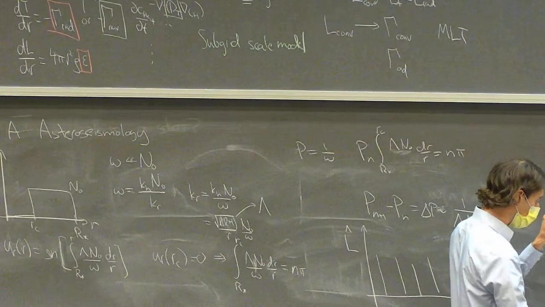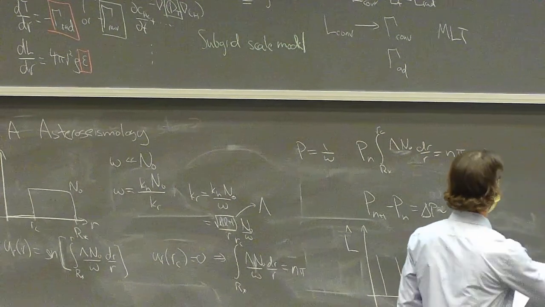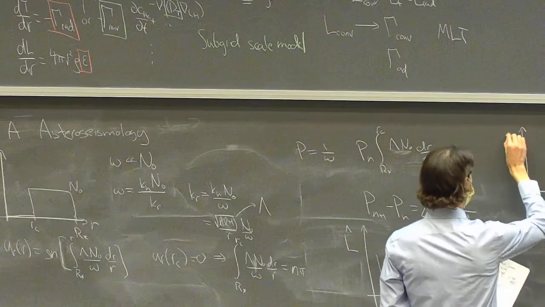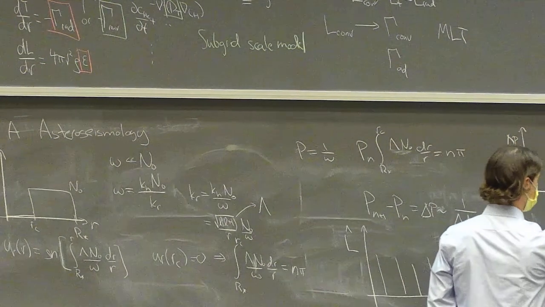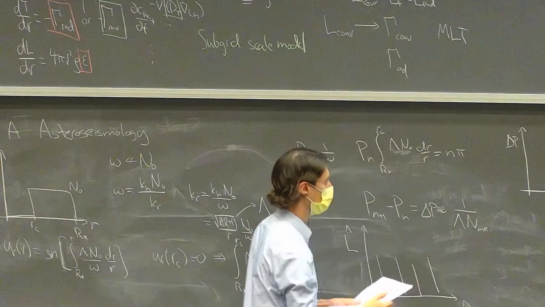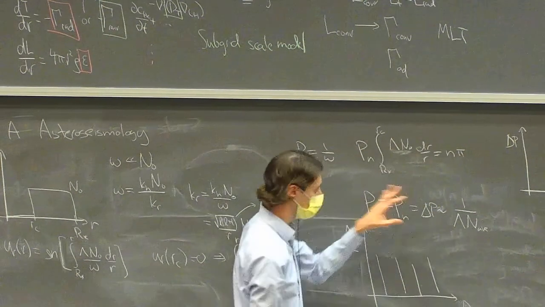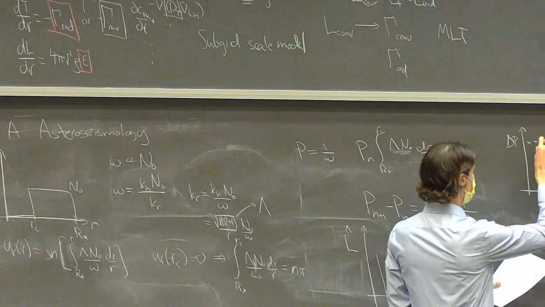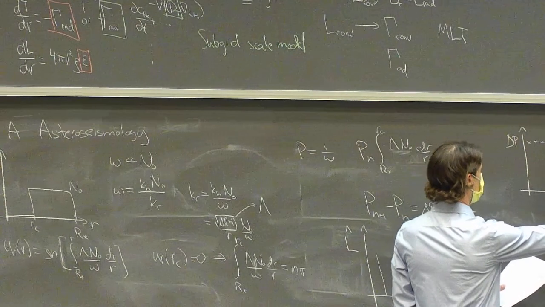What's a little bit more interesting is to plot delta P versus the period. So just taking the difference between these as a function of period. And according to this simple theory, what you would get is something that's just constant like this.